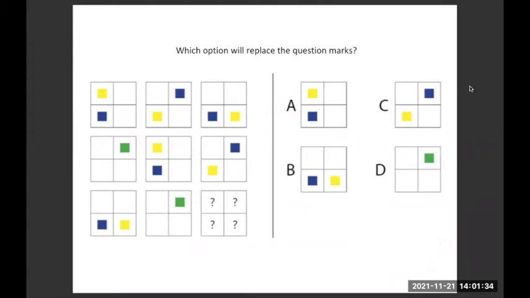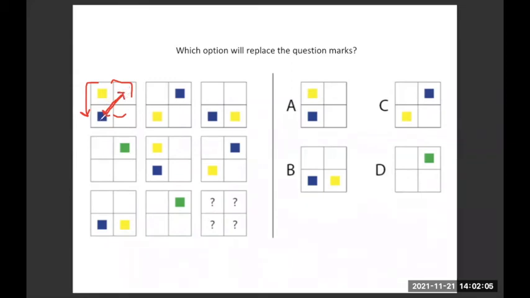In this case, the key rule, if you look carefully, is that all this grid is interconnected with each other. The yellow part moves in this direction. It moves from one figure to another figure to another figure. And the blue part moves diagonally like this.